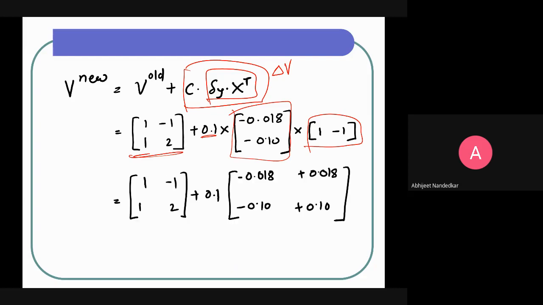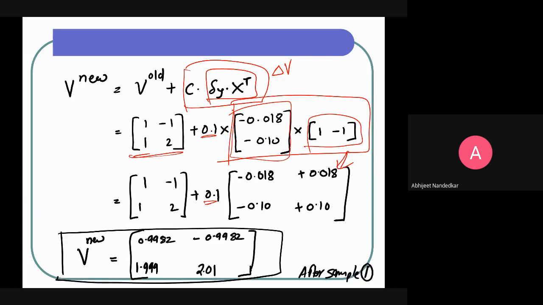Once you do this outer product, it will be a matrix, and this will be multiplied with the learning constant. So that will be equal to 0.9982 and so on. This is my new V, and we have already calculated W new.